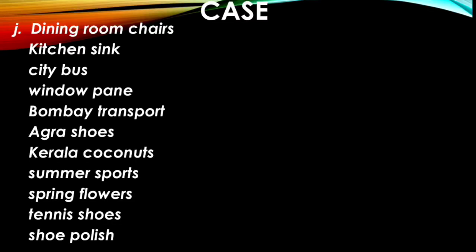And day's march, hair's breadth. There are common apostrophe possessives formed from inanimate objects or expressions by adding apostrophe S. Earth's core, razor's edge, goodness' sake, conscience' call. So we add apostrophe or apostrophe S. And this is the last rule of case in noun.